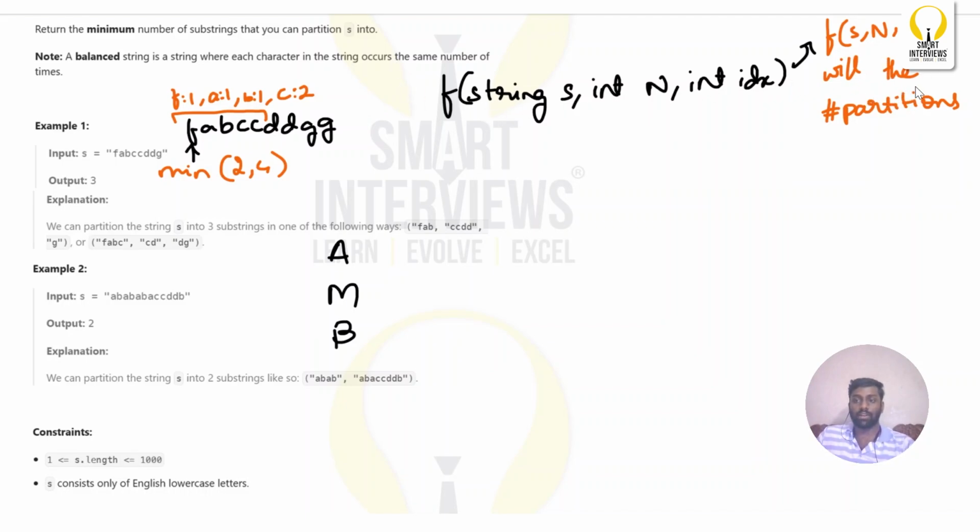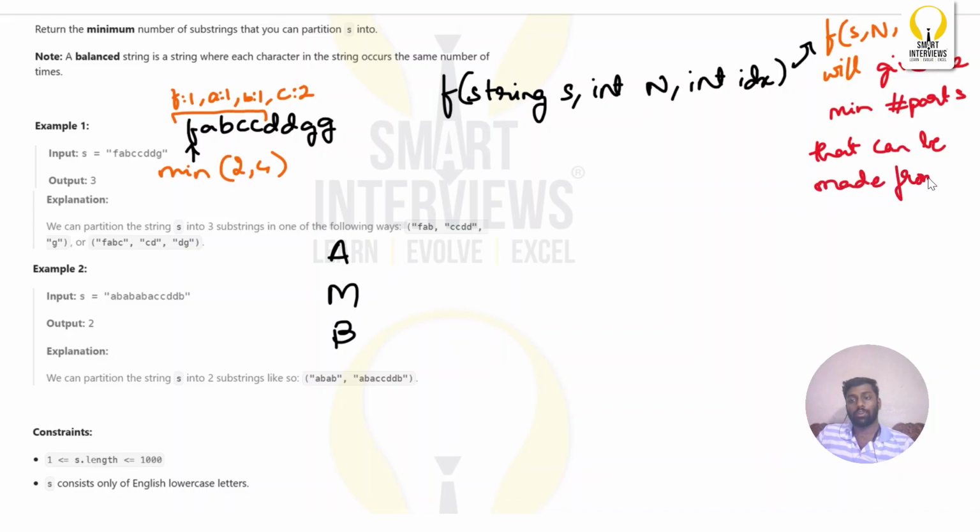The assumption is that the function will give the minimum partitions, the minimum parts that can be made from the index. Minimum partitions that can be made from the index. So if it is giving the minimum partitions, the return type becomes int. This is going to be a recursive function.